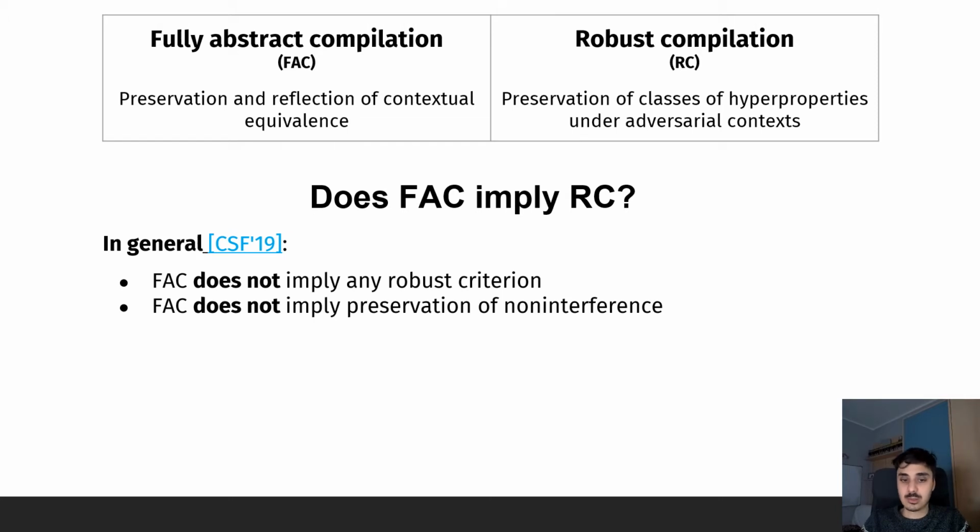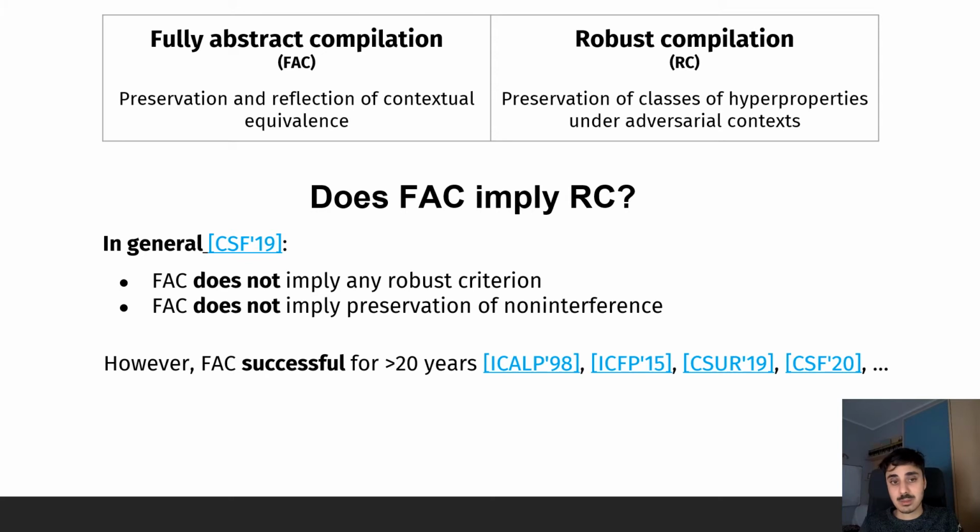And of course, we are not the first to investigate such a relation. In particular, it has been shown that in general, fully abstract compilers are not robust, not even if one focuses on specific hyperproperties like no-interference.